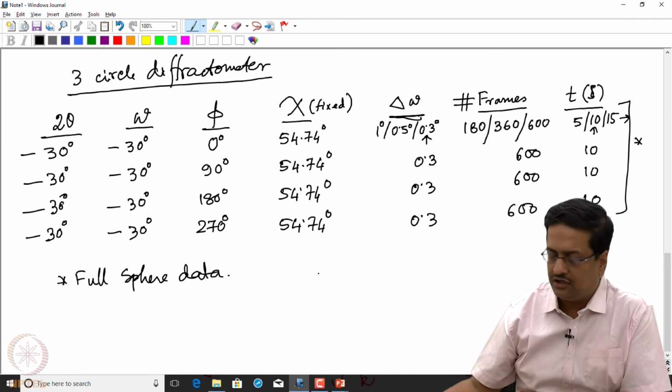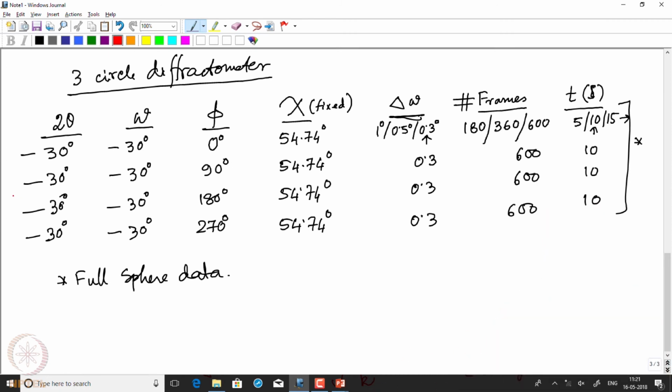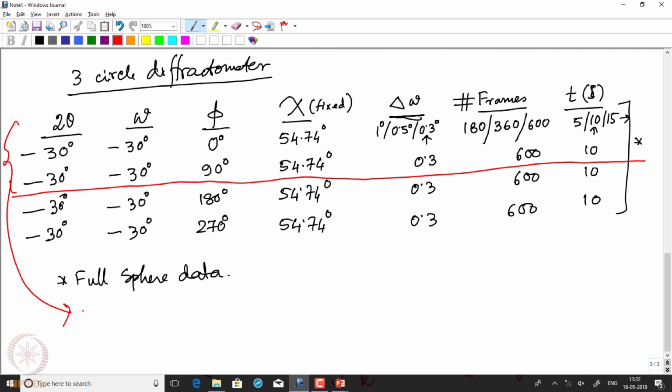If we had stopped after recording the first 2 sets of data, this represents merely the hemisphere data, but in some diffractometers it may not be doing this as hemisphere data.